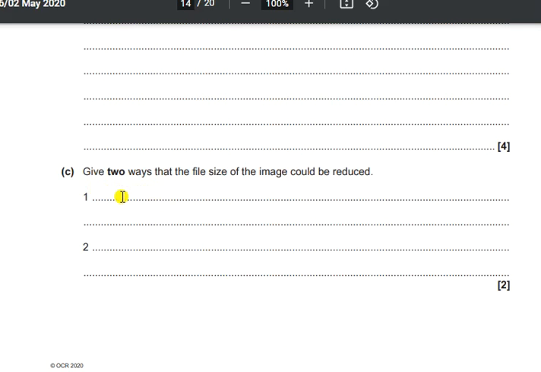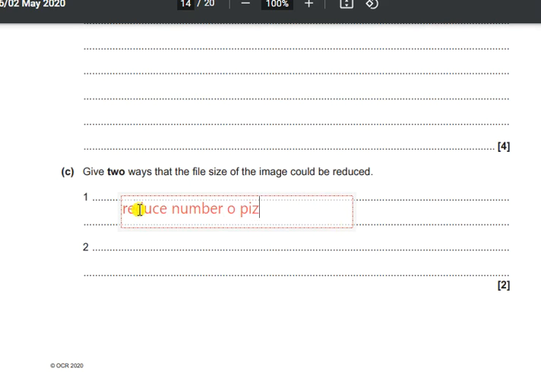In the next part, part C, it is asking how we can reduce the size of the image. In order to reduce the file size, we can reduce the number of pixels, or we can reduce the resolution.